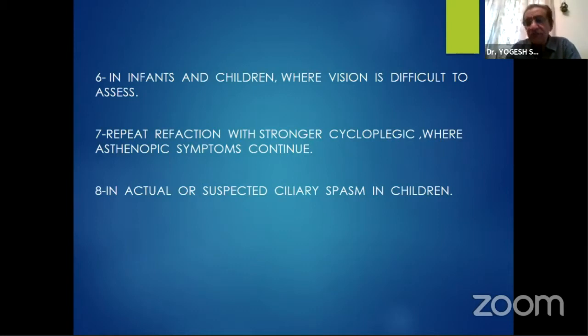I try, but sometimes the child is not attentive. You do not get a correct assessment of the vision. Then you always go for a correction of refractive error. Repeat refraction with stronger cycloplegic, where asthenopic symptoms continue. Also in actual or suspected ciliary spasm in children, do that.